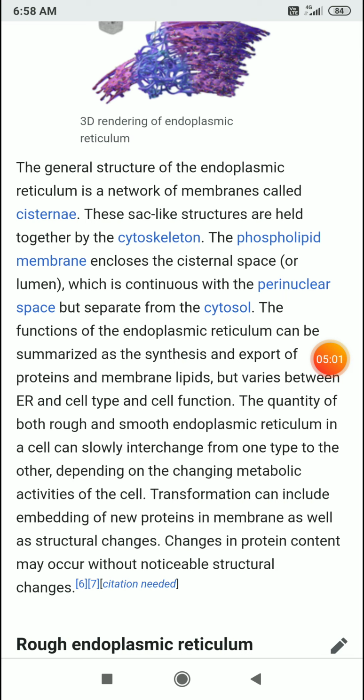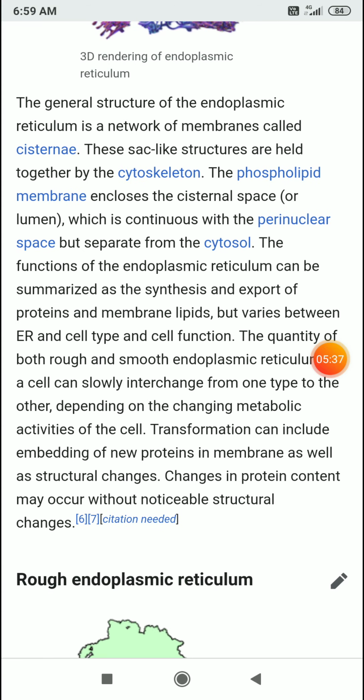The functions of the endoplasmic reticulum can be summarized as the synthesis and export of proteins and membrane lipids. But varying between endoplasmic reticulum and cell type and cell function, the quantity of both rough and smooth endoplasmic reticulum in a cell can slowly interchange from one type to the other, depending on the changing metabolic activities of the cell.